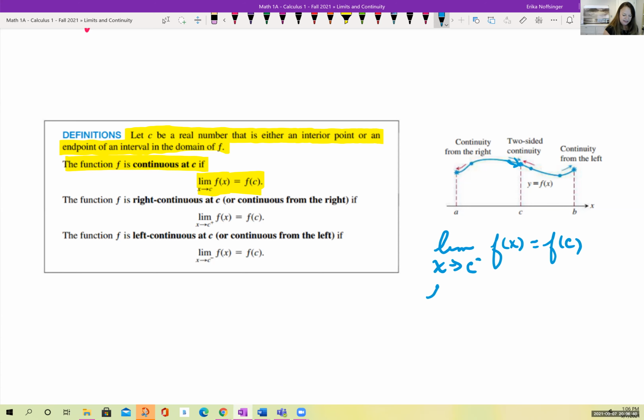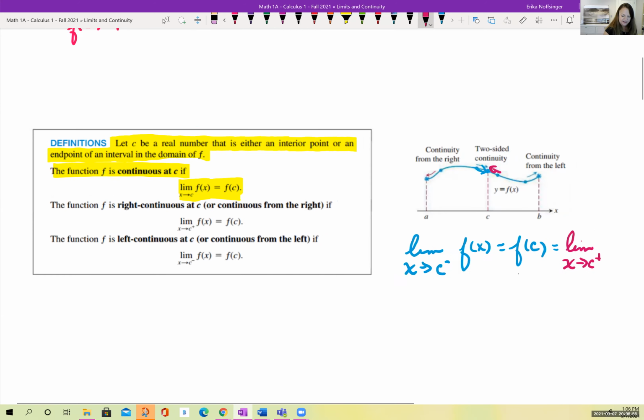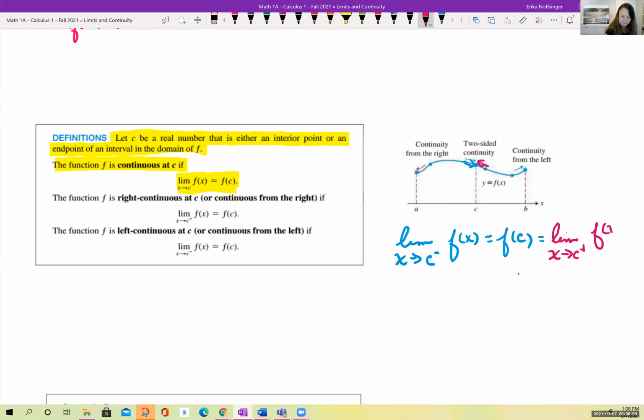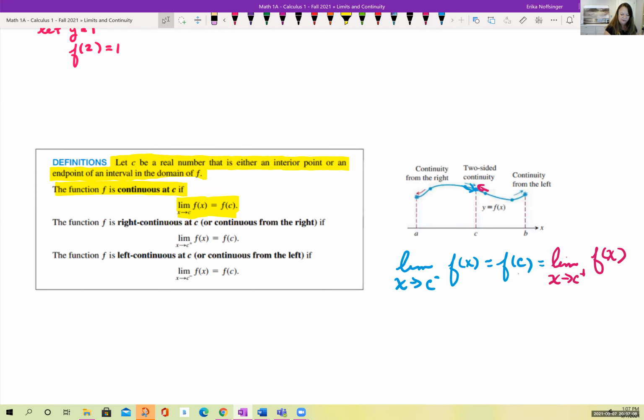And that's the same thing as the limit as x is approaching c on the right-hand side. Coming in on the right-hand side, that's solid. It didn't matter if it wasn't solid though, right? Because the limit would still have existed from the right of f of x. So the limit on the left equals the limit on the right, and it's the same value as plugging in our c value into our function f of x.